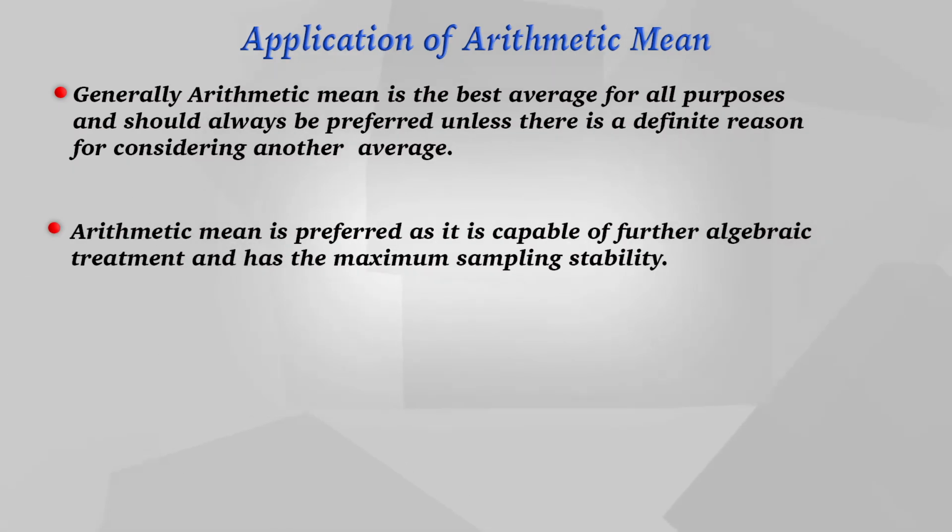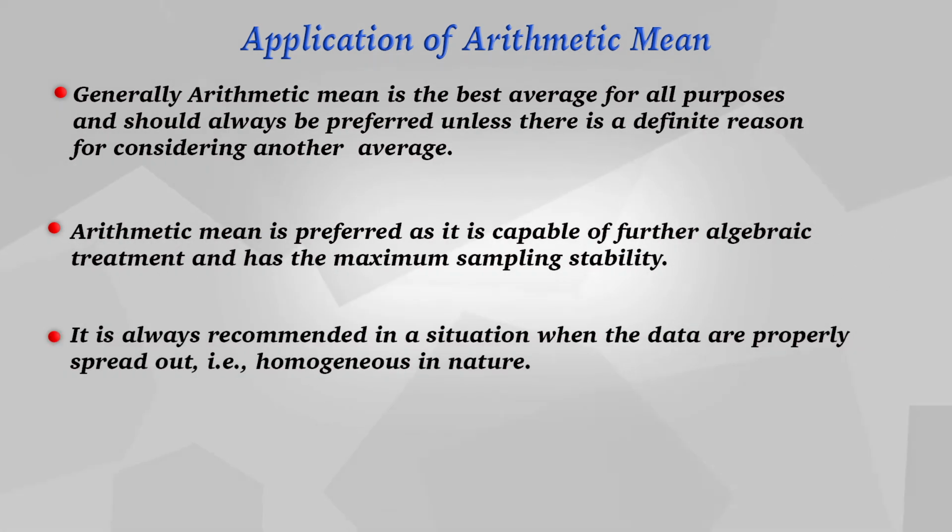Arithmetic mean is preferred as it is capable of further algebraic treatment and has the maximum sampling stability. It is always recommended in situations where the data is properly spread out, that is, homogeneous in nature.